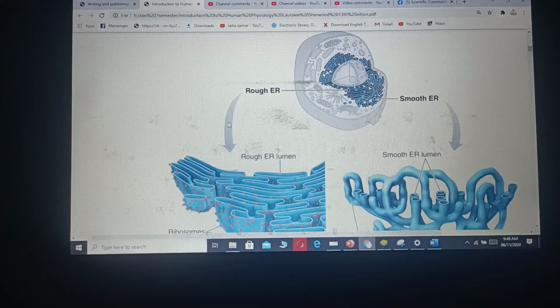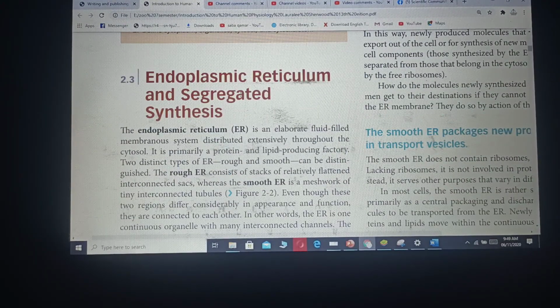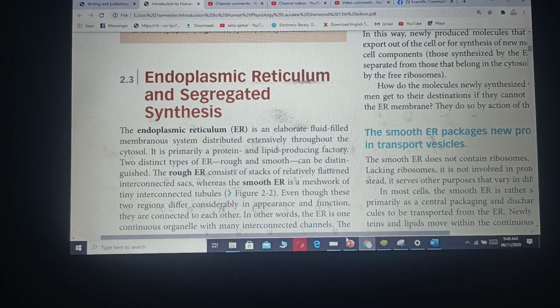And so let's summarize this article. We have studied up till now the endoplasmic reticulum and two kinds of endoplasmic reticulum. One is rough endoplasmic reticulum, the second one is smooth endoplasmic reticulum. So what is rough endoplasmic reticulum?